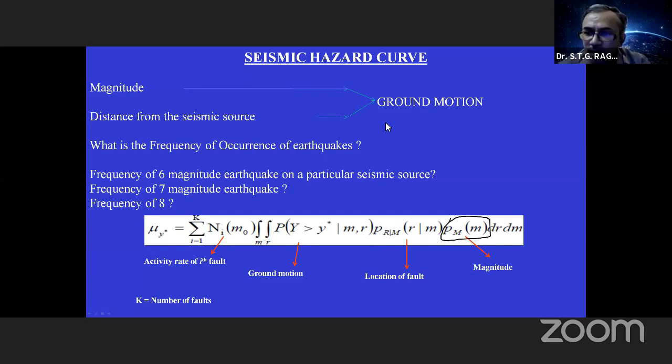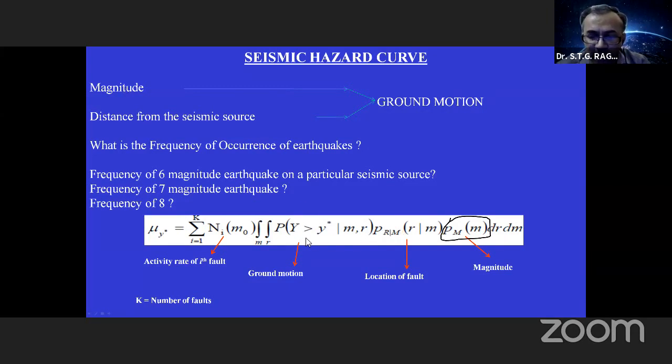As all of you know, this ground motion depends on magnitude, and it also depends on the distance from the earthquake source. To quantify uncertainty for ground motion, first of all you have to quantify uncertainty with magnitude as well as with distance.